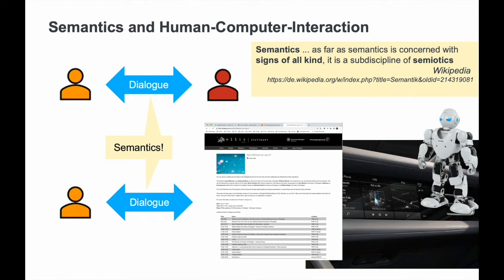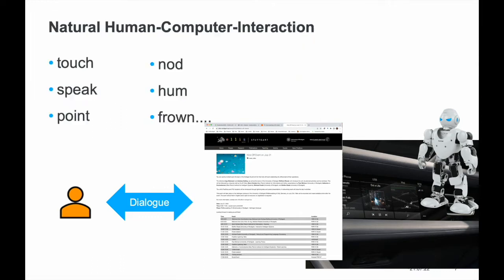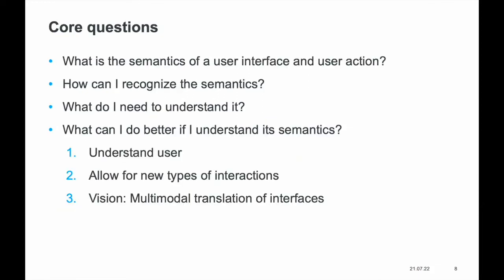So there is a need to understand the semantics of these different types of user interfaces, and then, of course, to be able to engage with them. Engagement can be very different. Actions can be speaking, touching, nodding, humming, frowning, pointing. So the question is, how can we translate such actions into an arbitrarily given human user interface?